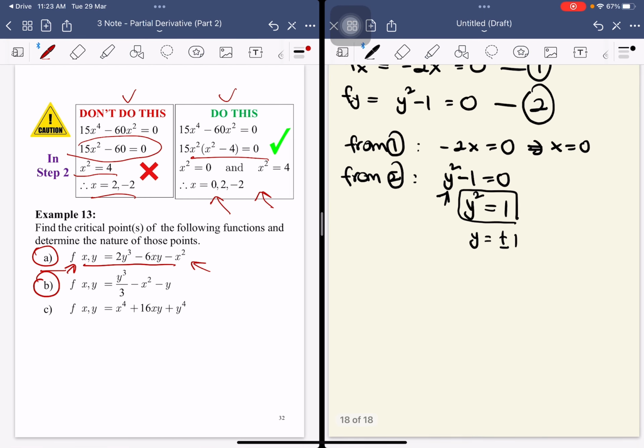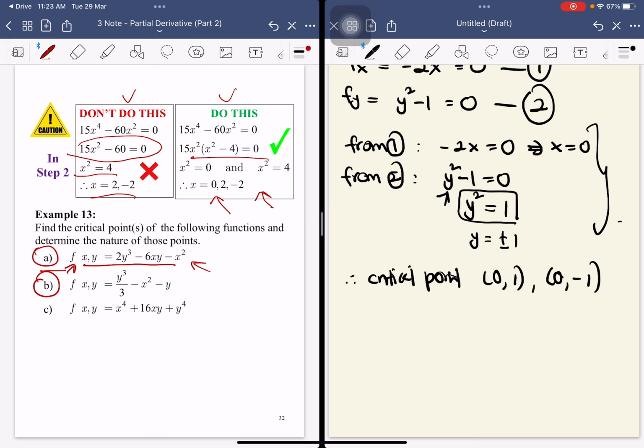There are 2 possible values of y. So we know that the critical points for this given function would be (0, 1) and (0, negative 1).